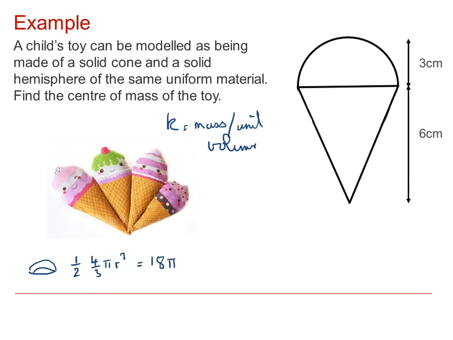So the volume of the hemisphere is 18 pi. The volume of a cone, which is this downward one, is 1/3 pi r squared h. So substituting r equal to 3 and h equal to 6, that also turns out to be 18 pi. So we can say that the masses of each of these are 18 pi k.